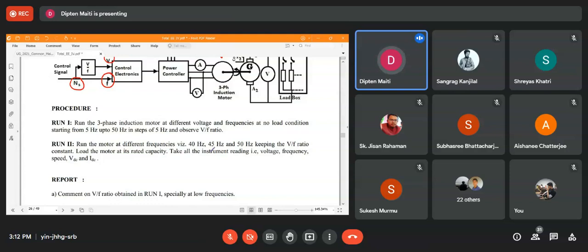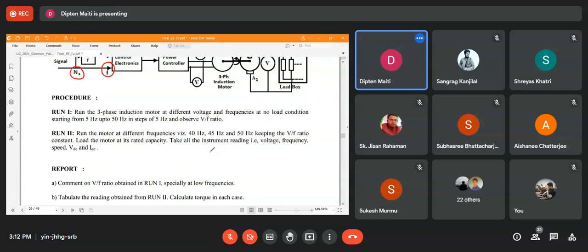Now you go on loading the induction motor, and you would see that there will be very little change from the synchronous speed, and the torque would be proportional to the slip speed for these three cases. If you plot the characteristics, you would see at different frequencies there would be torque speed characteristics of linear nature, and they should be parallel to each other.